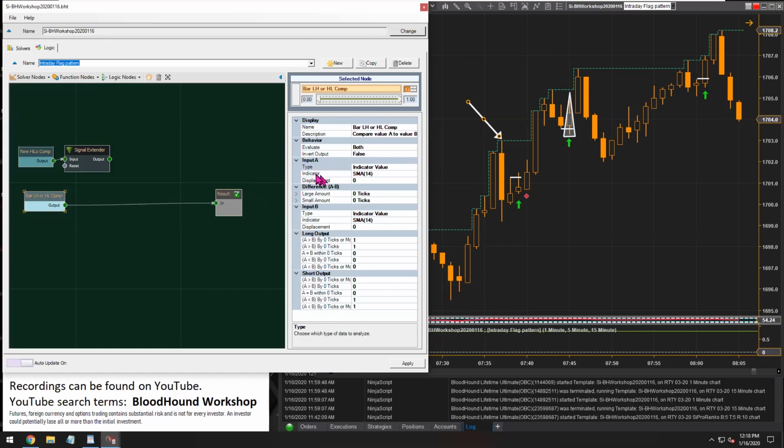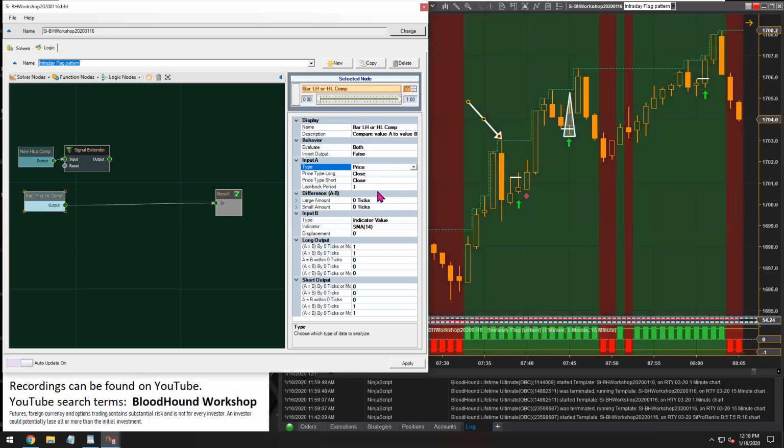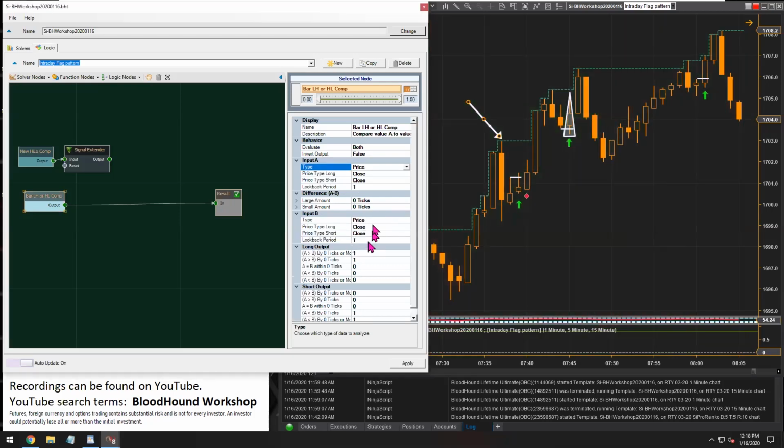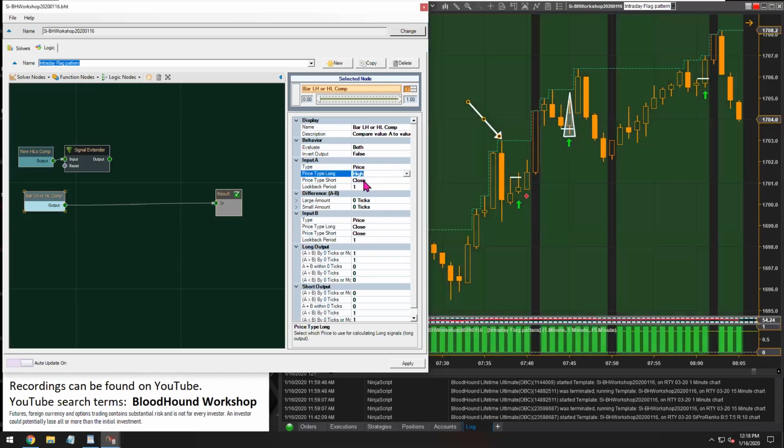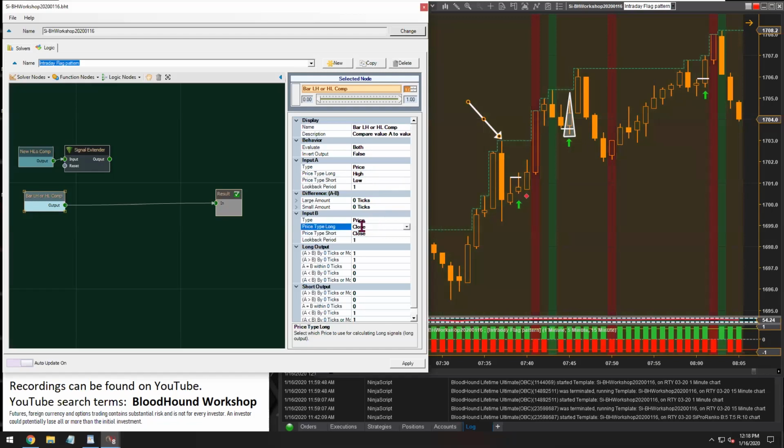Our input types are going to be bar prices, so I'll switch both input A and input B to prices. For longs, we're using the high of the bar. If it's a short pattern, we're using the low of the bar. I'm going to do that for both of these.